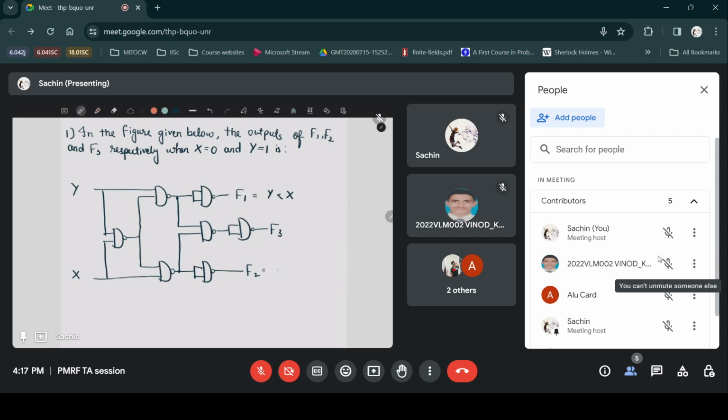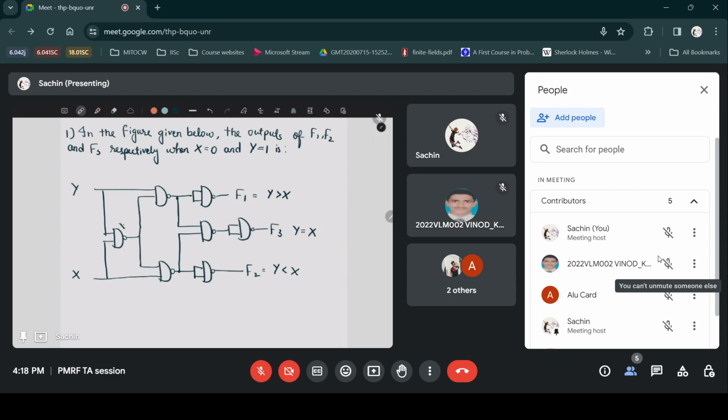So this is the function. This is y greater than x, this is y less than x. And if y is equal to x, the function f3 will be equal to 1. So this is the function y is equal to x. And I'll explain how the circuit will do that.